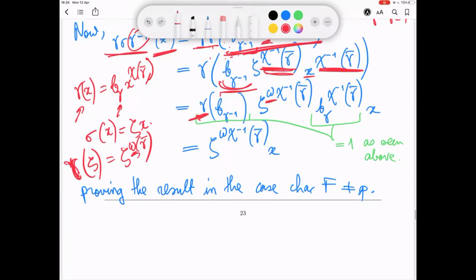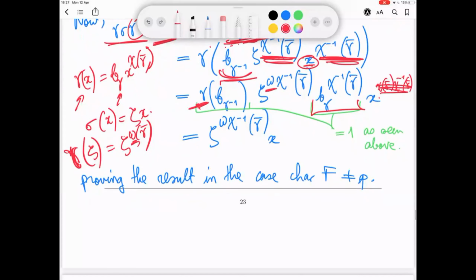And then this is what I get when I apply gamma to x, b gamma times, yeah, normally I'll get x to the power chi gamma bar, but there's already this chi inverse gamma bar, and this will cancel out. So I'll just be left with an x.